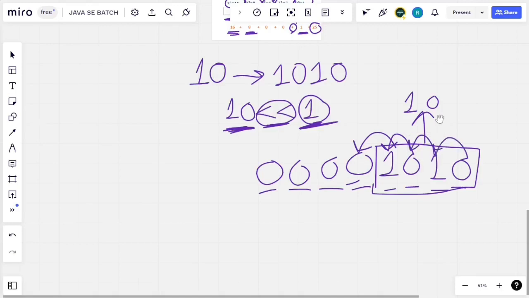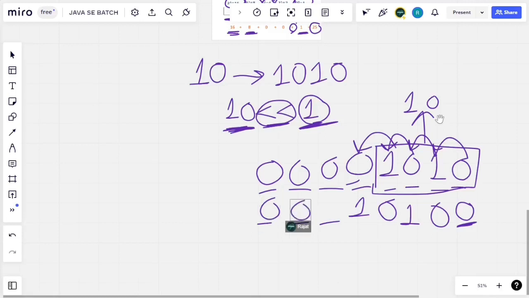So when we left shift this 1010 by one place, we'll get 1 0 1 0. But you can see this is a void, so we will fill this void with 0, and these are also voids, so we will fill these as well.